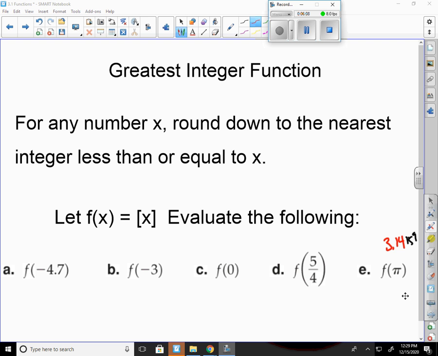Do we know what an integer is? It's a whole number. When you think about the greatest integer function, it's like if you owed me $3.14, I'll just take $3. So your answer for E would be 3.